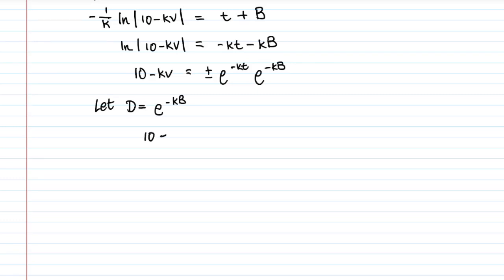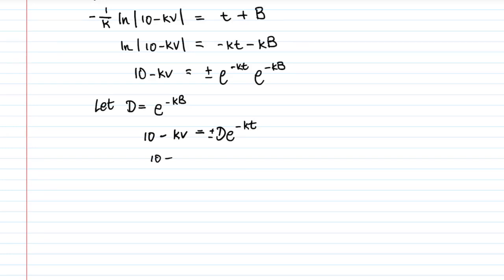So therefore 10 minus kv will just give us d, plus minus d, and then e to the power of minus kt. Okay, so once we're at this step, one more thing we can do is to actually get rid of the plus minus, and we can shift the plus minus to your constant d as well.